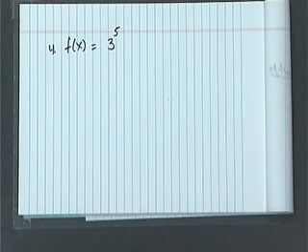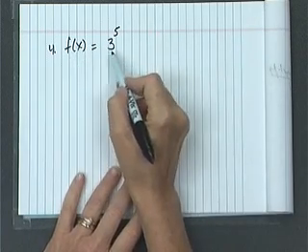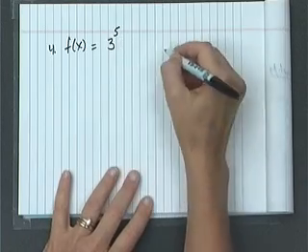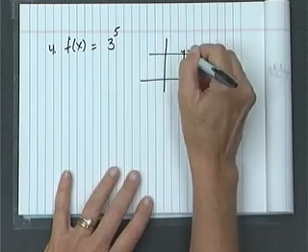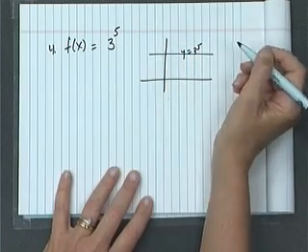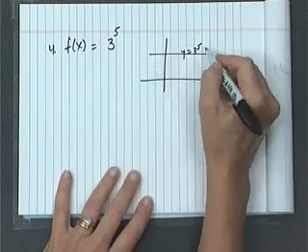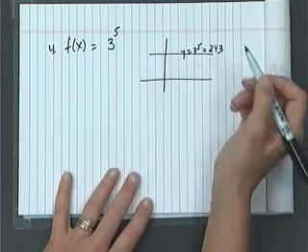Y equals... But there is no x. It's just y equals a constant, a horizontal line, so its slope is 0. Perfect. F of x equals 3 to the 5th. That's just a horizontal line, just like you said. This is the line y equals 3 to the 5th, whatever that happens to be, which is exactly 243. Thank you very much.